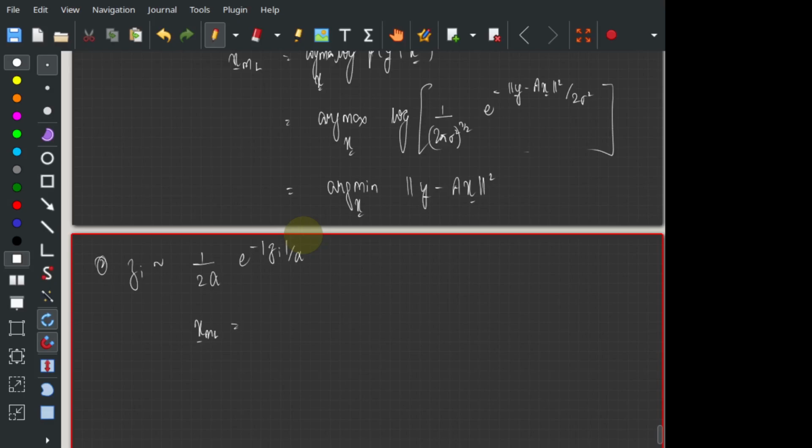Y and x are vectors, so what do you mean by mod of y minus Ax? Norm? What norm of y minus Ax? L1 norm. Okay. So what is the distribution of Y given X?